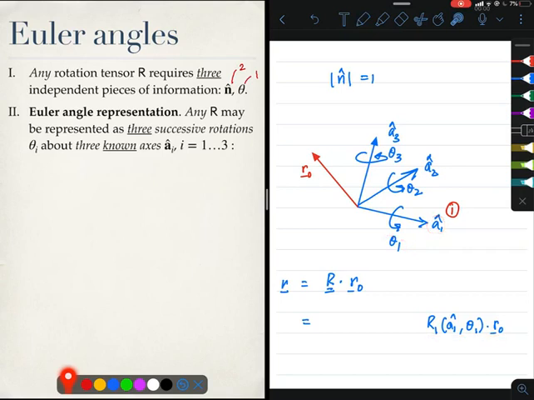You will get some output. Okay, let's call that output, let's draw that output. Let's say this is r1. So this is theta 1. Then the second rotation is about a2.